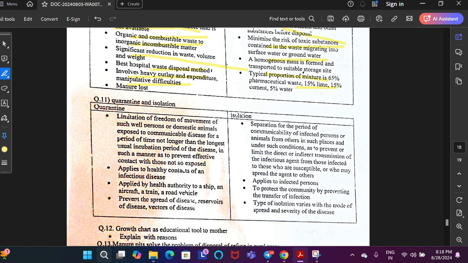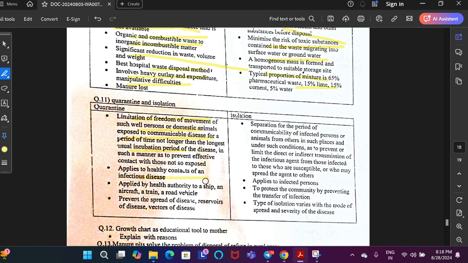Next comes a question: what is quarantine and isolation? Quarantine is the limiting of the freedom of movement of such well persons or domestic animals exposed to communicable disease for a period of time not longer than the longest usual incubation period of the disease, in such a manner as to prevent effective contact with those not so exposed.